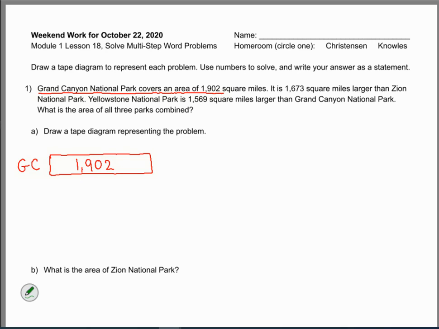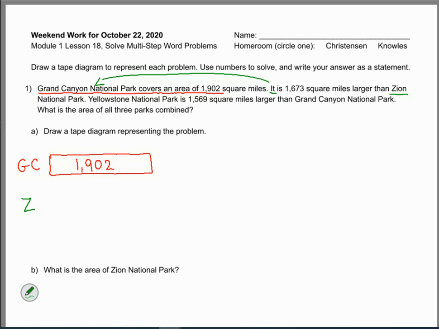All right, let's look at the next park. Zion National Park. It starts with a Z, so I'm just going to put a Z for Zion. And the sentence after that says it is 1,673 square miles larger than Zion. And the "it" they're referring to is the Grand Canyon in the sentence before.